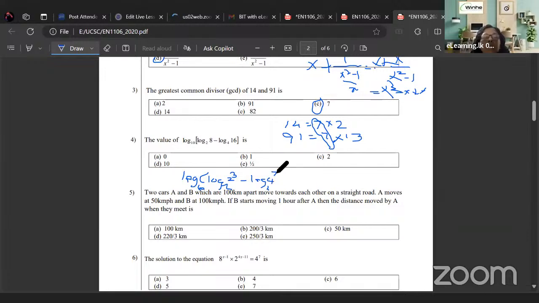Now log 10 stays as it is. You can keep log 10 as it is since you don't get a value to solve.